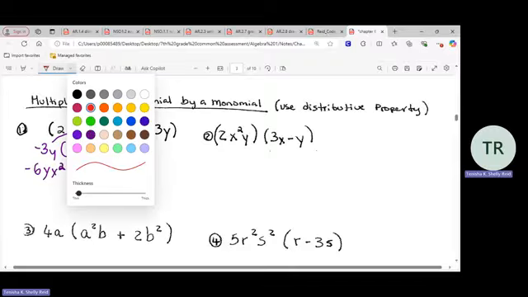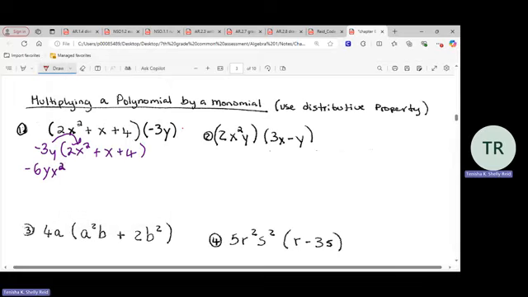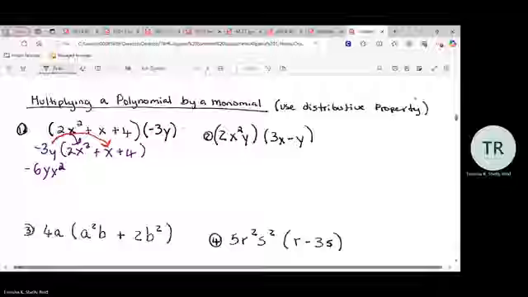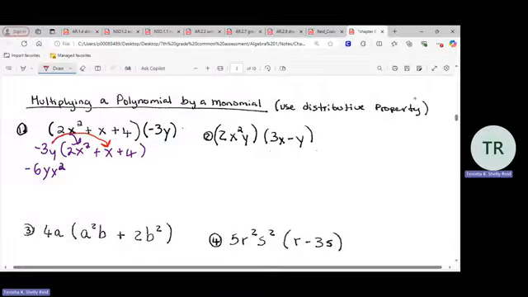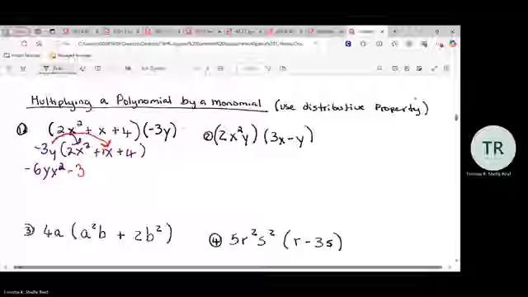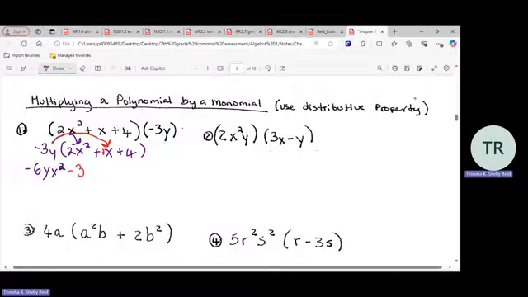After I finish the first term, I'm going to multiply that same negative 3y monomial to the second term. Well, what's the number in front? It's a 1. So negative 3 times 1 is going to give me negative 3. Y, no more y's in here, so it's just a y. And then I still have an x.